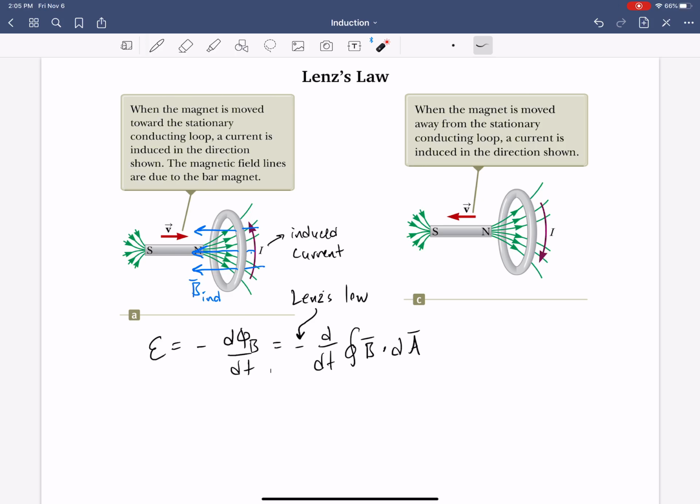So that induced current wants to increase the flux now. And it can only increase the flux if it creates a magnetic field pointing in the same direction as the permanent bar magnet.